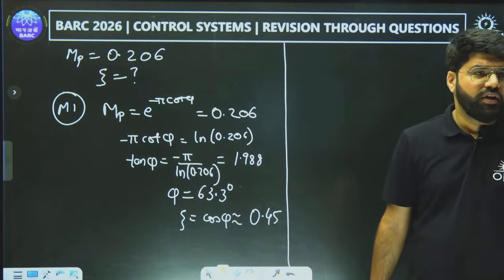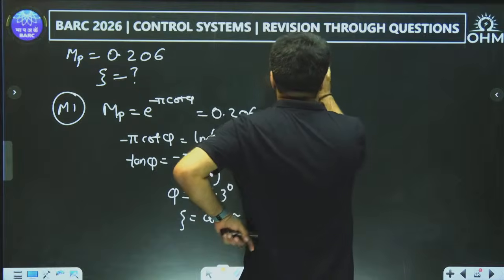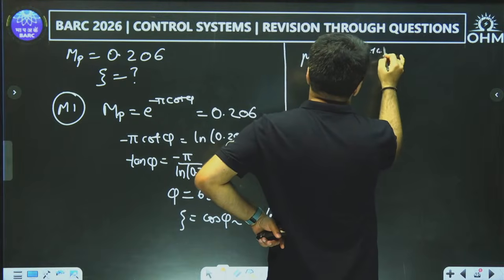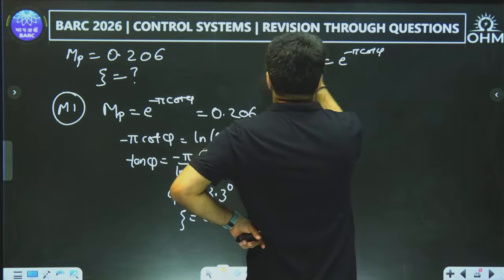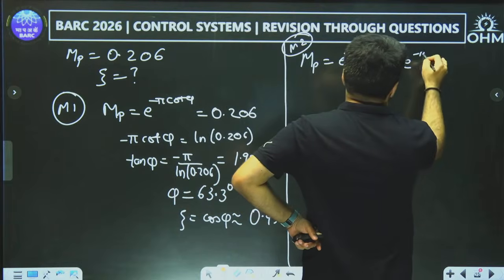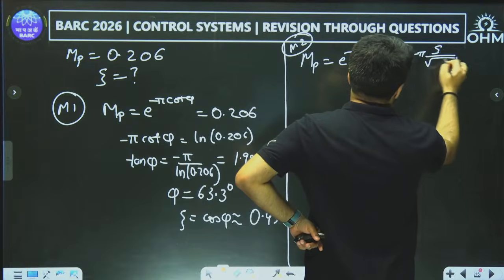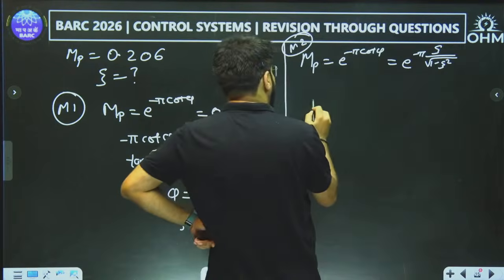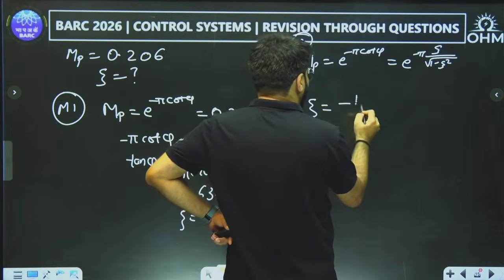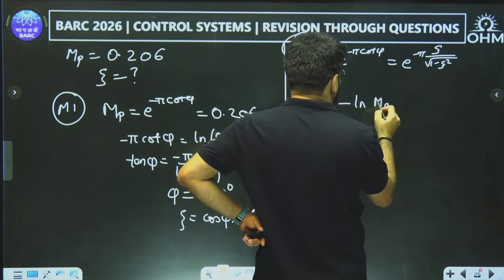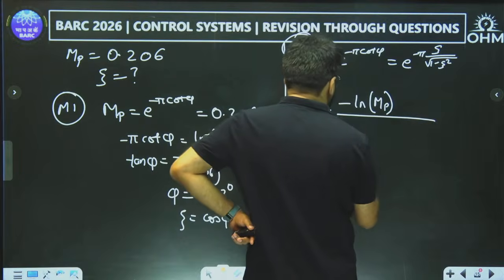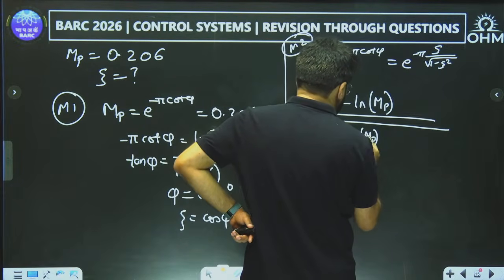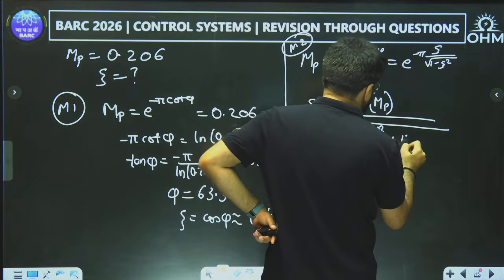0.449 or 0.45. Now the other way I am telling you: overshoot is given as e power minus pi cot phi, or as you might have written this formula, e power minus pi zeta upon under root 1 minus zeta square. From here, whenever overshoot is given, you can also use this formula: zeta equals minus log of overshoot divided by under root of the log of the overshoot whole square plus pi square.